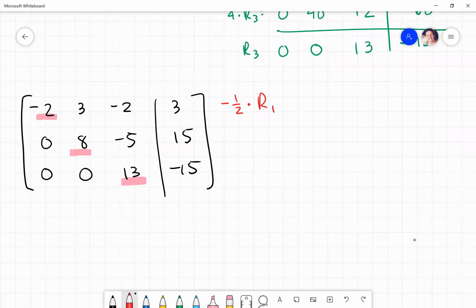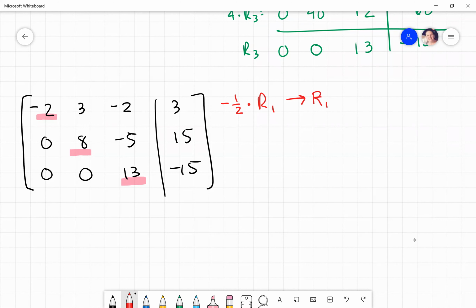The real reason is because the elementary row operation is described in terms of multiplication, right? It says you can add a multiple of one row to another, or you can multiply a row by a non-zero constant. Because it's described that way, I like to write it as multiplication. But we all know that multiplying by 1/2 is the same as dividing by 2. So I'm going to multiply row 1 by -1/2, and that's going to replace row 1.